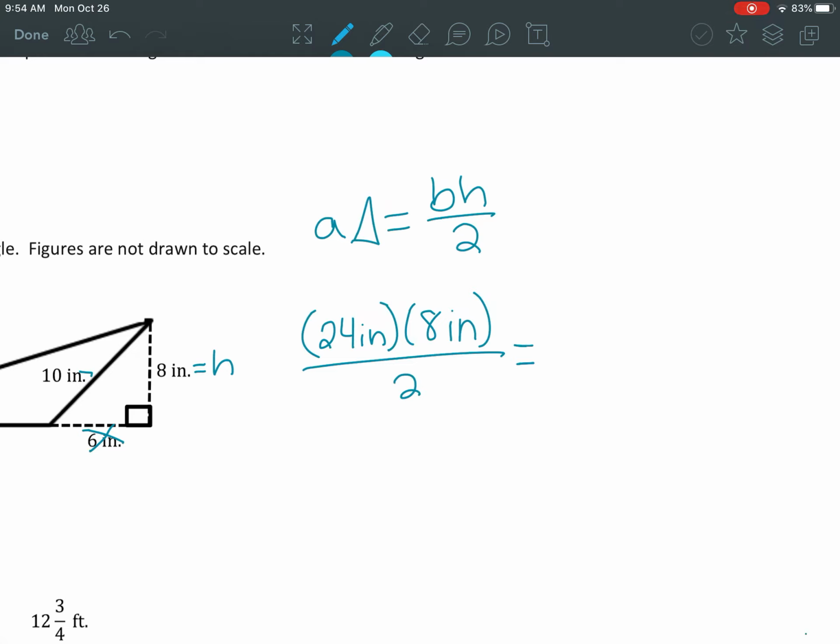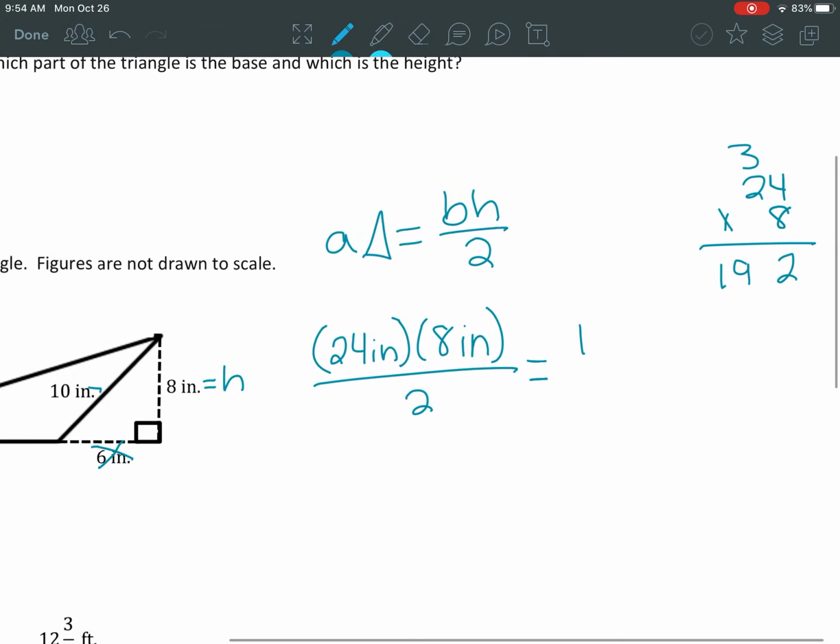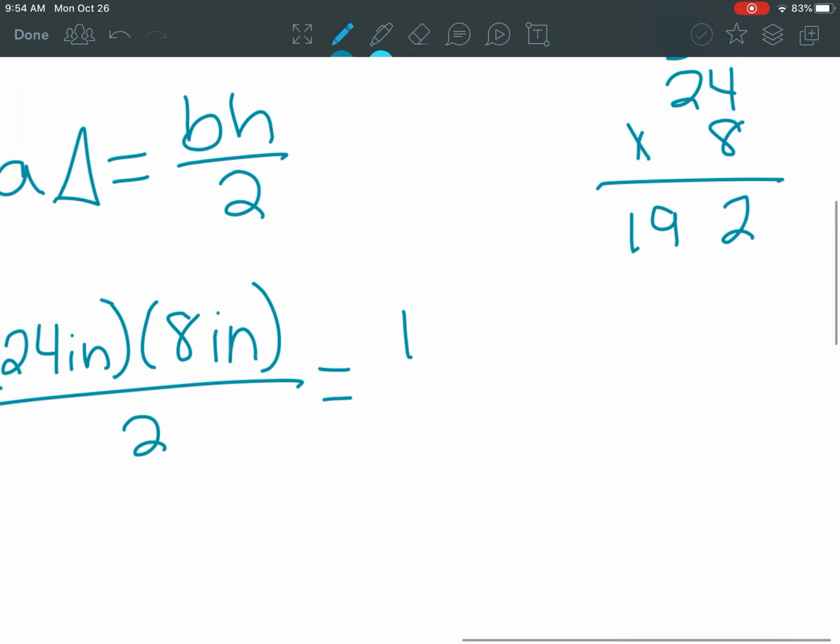So 24 times 8: 4 times 8 is 32, 8 times 2 is 16, plus 3 is 19, so we have 192 divided by 2. Our label would be inches squared.